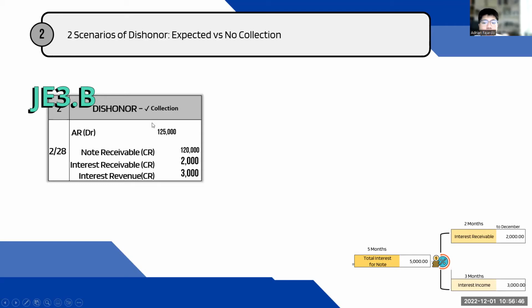If you still expect collection, all of the things related to the note will be transferred back to accounts receivable, right? So the previous note receivable and the previous interest receivable are included, right? And also, the interest revenue from the 3 months in that year will also be included. So if there's expected collection, the interest income is included.